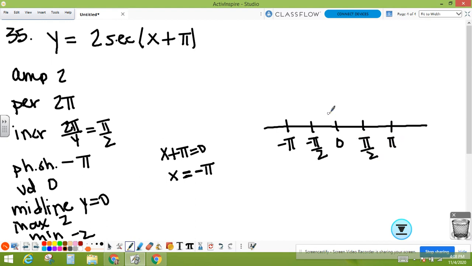So a whole. All right, y-axis. And we need to mark 2, -2, and 0. All right, that's -2.